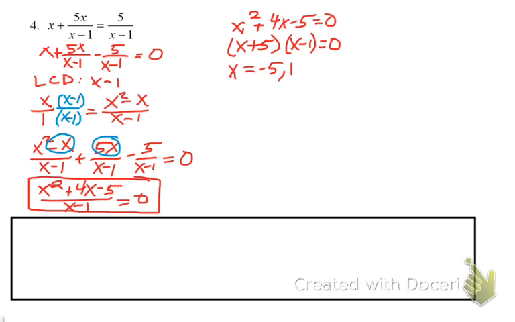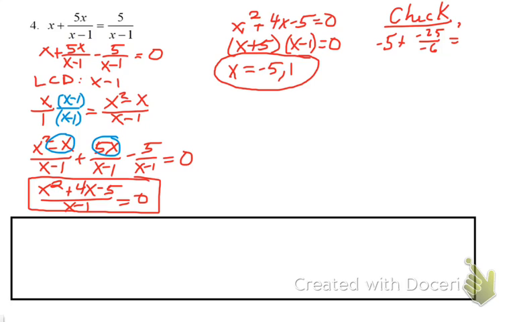Okay, so this is the answer that we would get by doing it the way that we've been doing. But when we check our solution, when you plug in -5 for x, -5 plus 5 over -6, we want to know, does that equal 5 over -6?